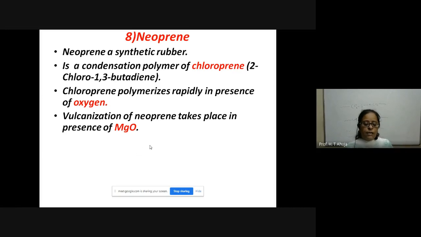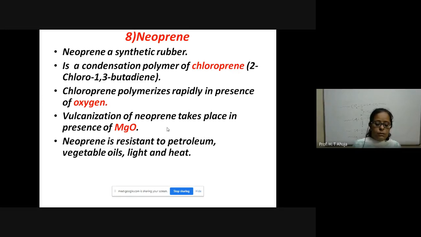Earlier we have seen that vulcanization takes place in presence of sulfur. Now here in this case it is taking place with magnesium oxide. Neoprene is resistant to petroleum, vegetable oil, light and heat.